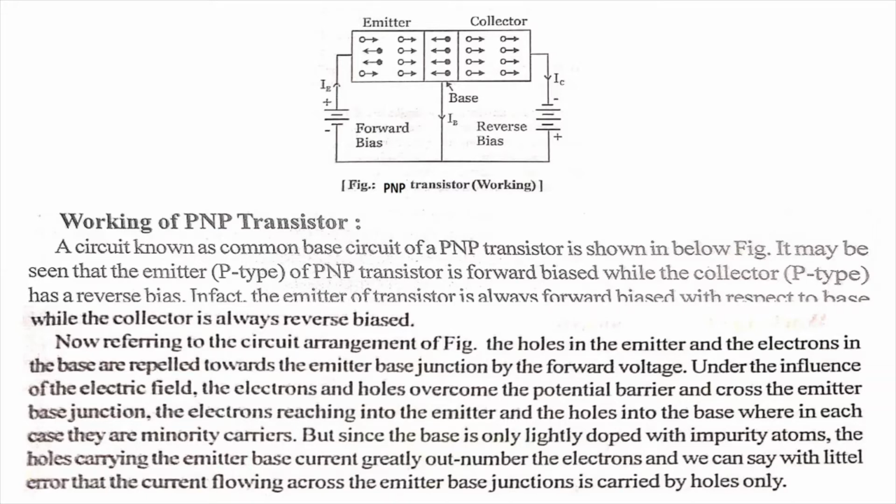This base region is a thin layer, and fewer electrons are present in the N side, and 5% of holes combine with electrons and form the base current, that is IB, as shown in the figure. 95% of holes come toward the collector terminal, which is attracted by the negative terminal of the battery and constitutes the collector current IC.